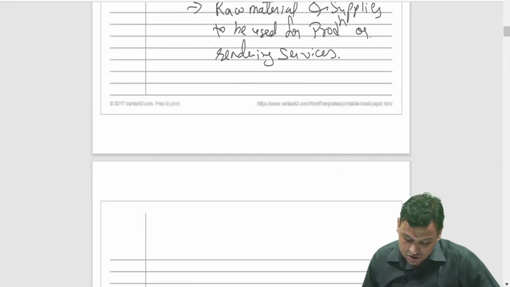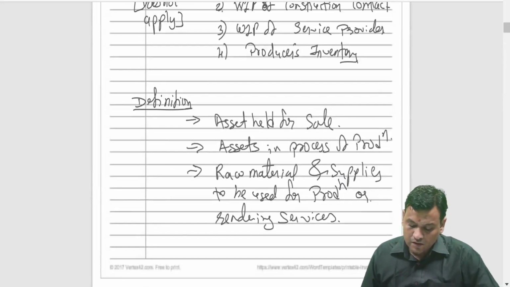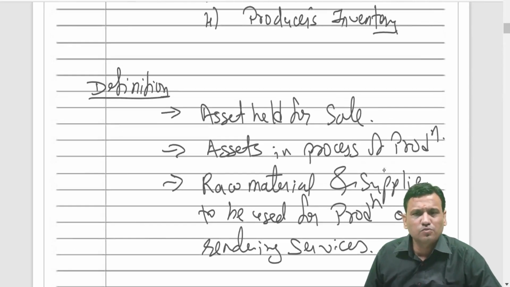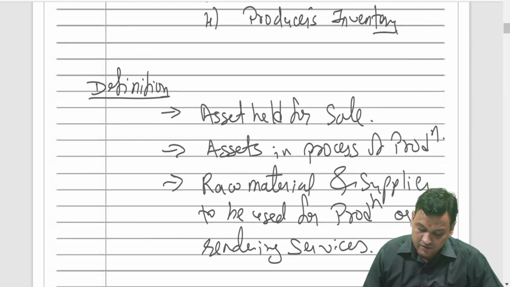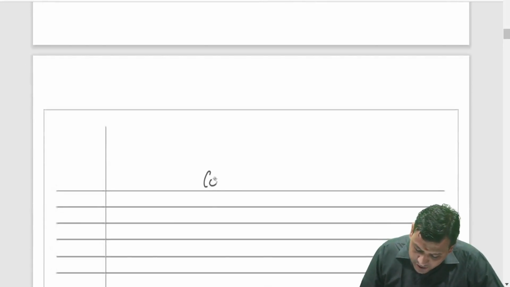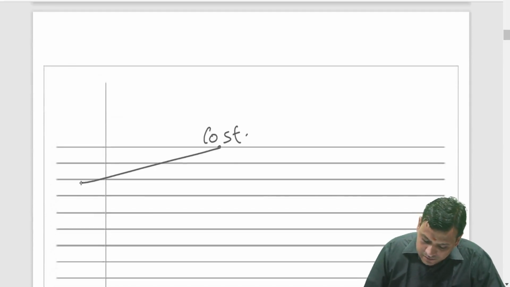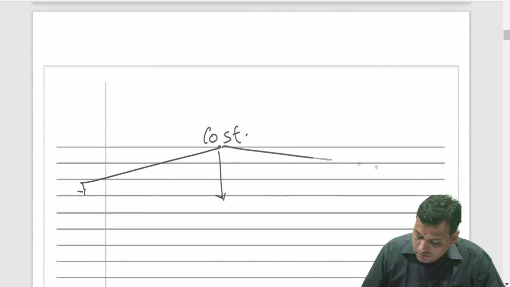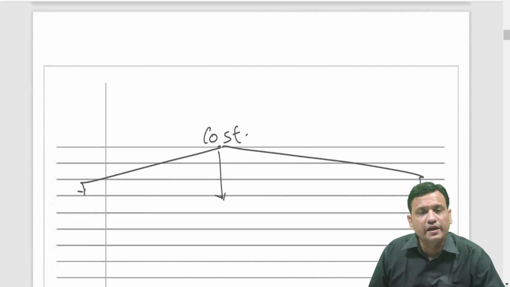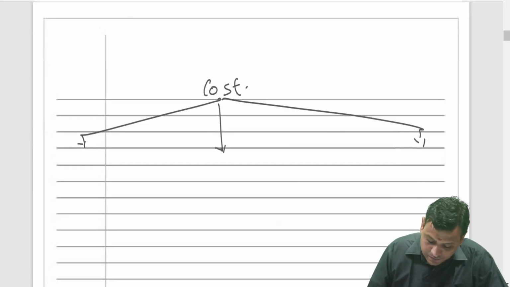Now comes cost. I did not talk too much on this definition, but here we are talking about finished goods, work in progress. In the second part we are talking about work in progress. First part is finished goods and stock in trade, and of course third part is raw materials. Now coming on to the important area: how to find out the cost of that particular inventory, because you say inventories are to be valued at cost.